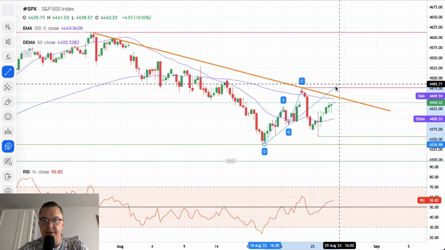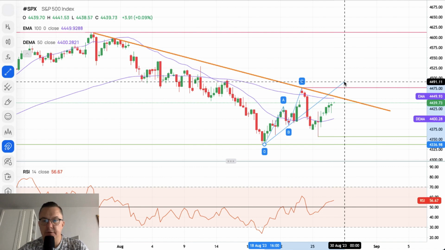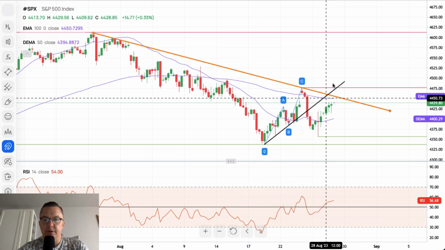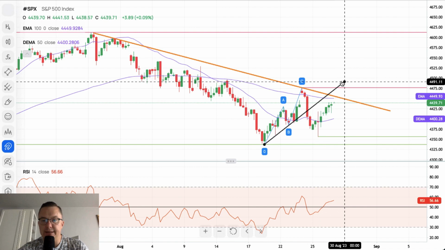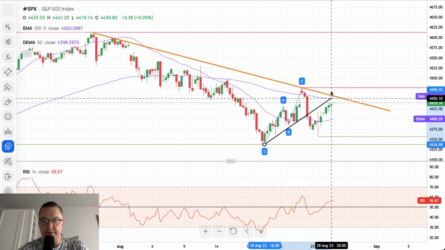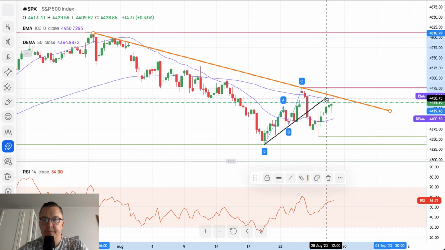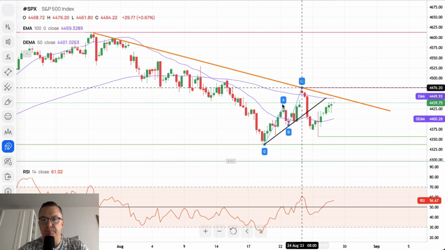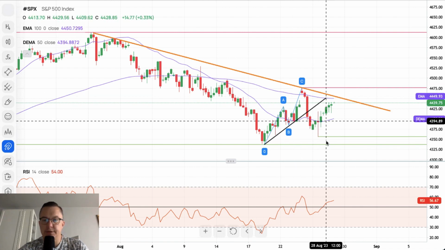If you apply it here, you can see straight on that it might be placed like this. So we got the breakout. Now we can test it. Let me just apply it a little bit more carefully. There you go. Something maybe like this might be good. The point is, we are trading below this level right now.